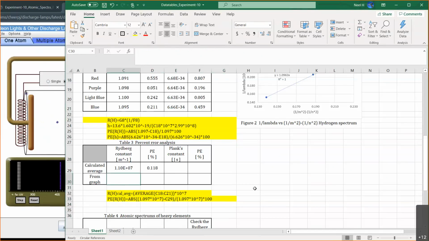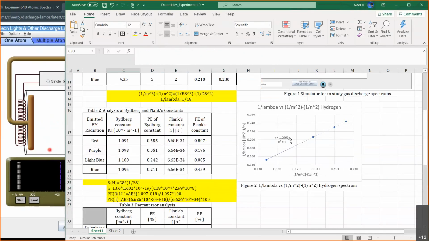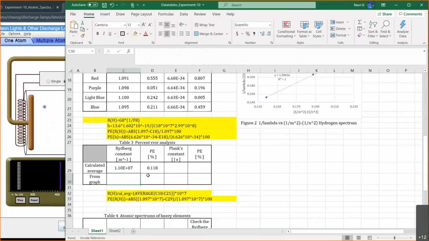Okay, let's do the Rydberg constant from the graph. The slope of the graph is actually the Rydberg constant itself, right? So the 1.0963, I can just type here 1.0963 e to the power positive 7.